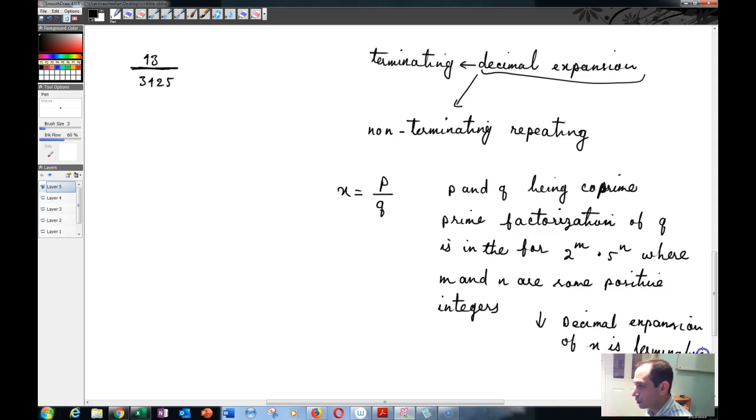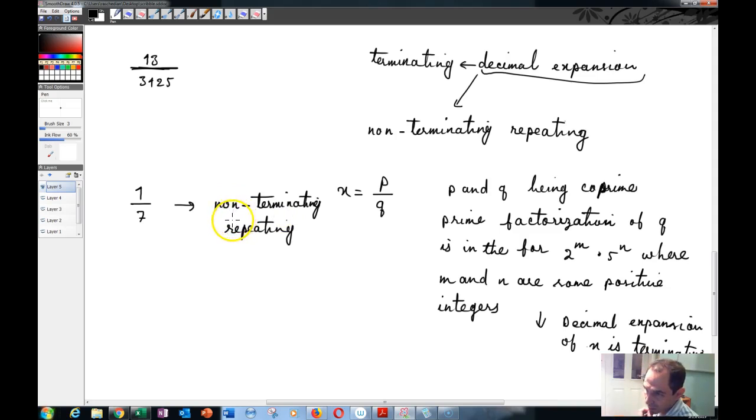And as an example, we said that 1 by 7, the decimal expansion of this number was non-terminating repeating. The reason for that is that the denominator over here is not in this form.